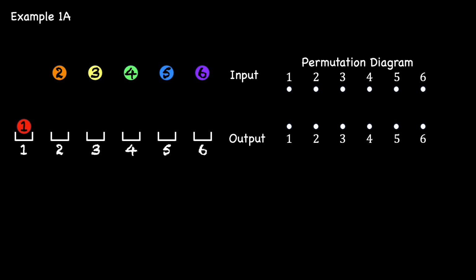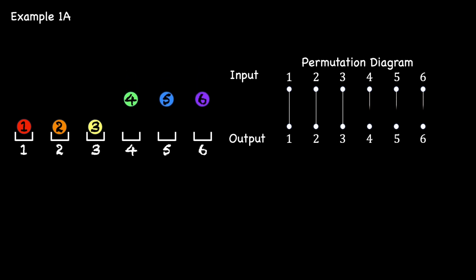Thus, we draw a line from input dot 1 to output dot 1 in our permutation diagram. We repeat this process for input value 2 by drawing a line to its corresponding output. We move on to input dot 3 and connect that to output dot 3 for this example. We complete our permutation diagram by connecting all input dots to the corresponding output dots.